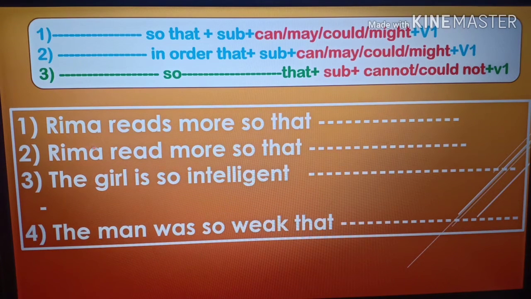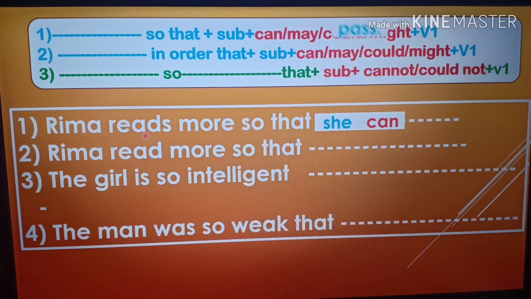So again, the first one, Rima reads more so that. This is the rule of the first one. Then we have to use subject and we have to write down she instead of Rima. And then we have to write down can, may, could, might, anyone we like according to the tense. As it is in present indefinite, we have to use can or may.